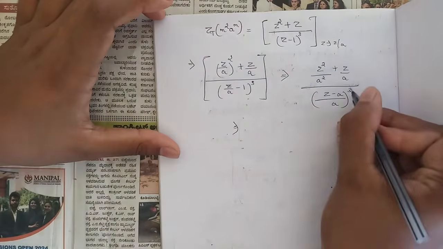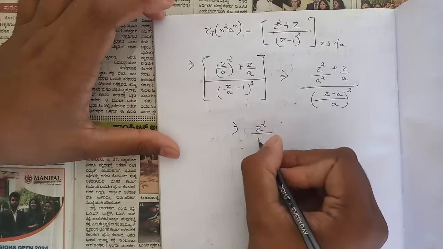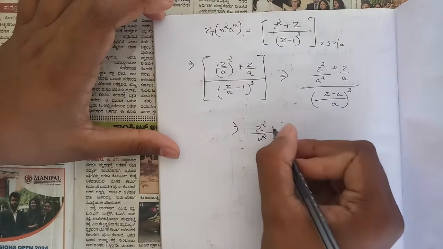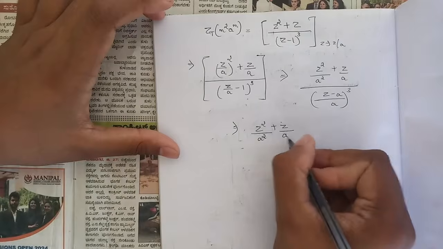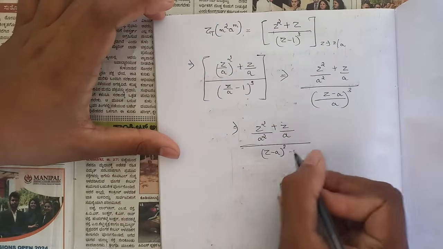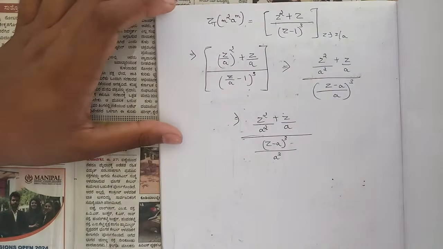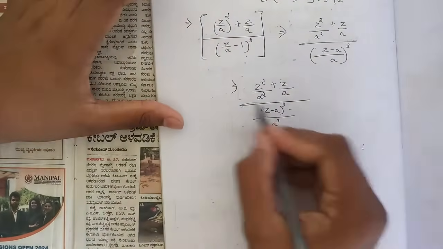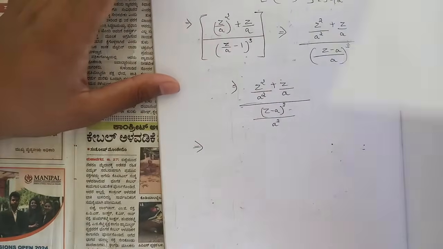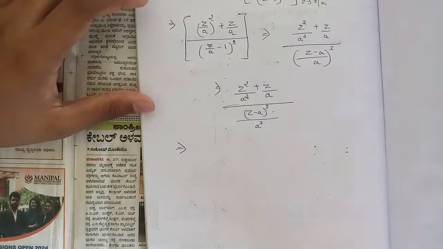Now again we can take the power outside for this term, that is z square by a square plus z by a divided by (z minus a) the whole cube divided by a cube. Now let's take the LCM for the numerator.